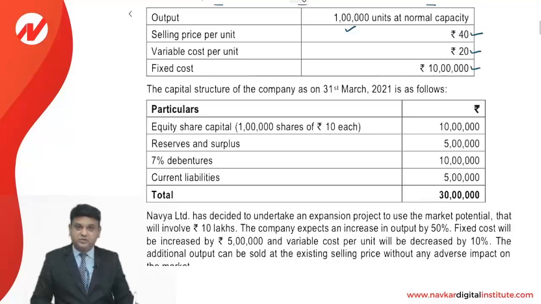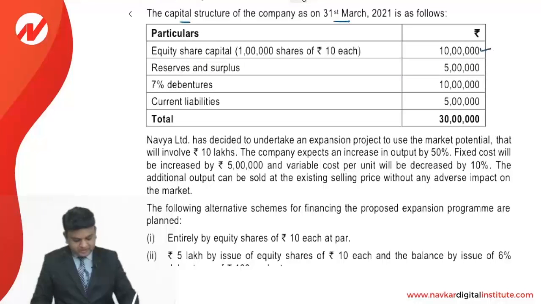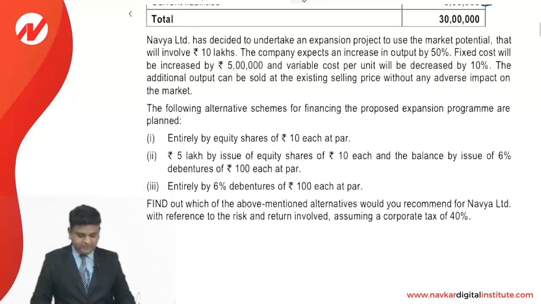The amount of the fixed cost is 10 lakhs. Capital structure of the company as on March 31st, 2021 is as follows: equity share capital, reserves and surplus, 7% debentures and current liabilities. So the total is 30 lakhs.